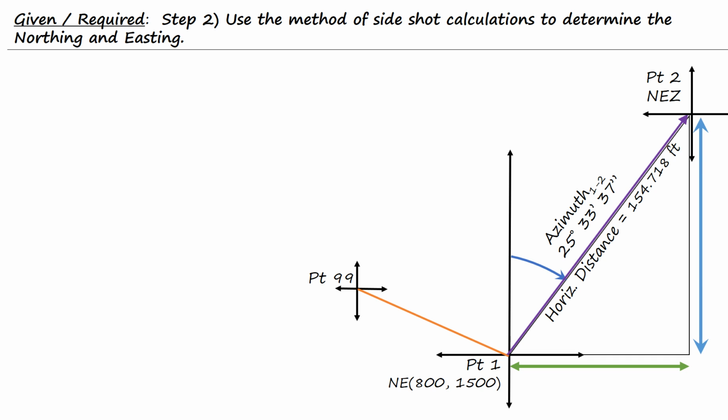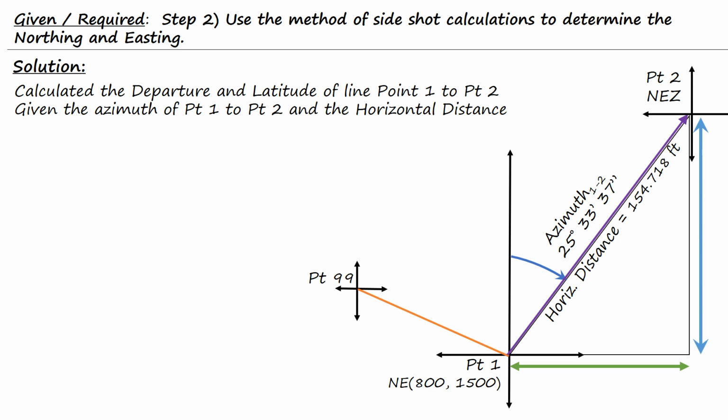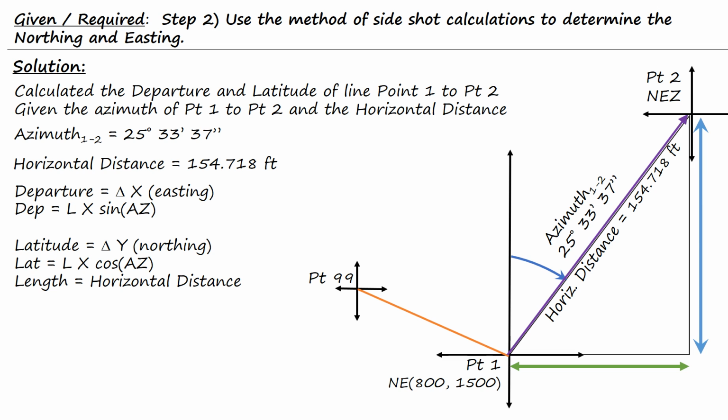So the last part of it is now that I've got my horizontal distance and my azimuth, I can use the equations for departure and latitude. Departure is the length, which is our horizontal distance, times the sine of azimuth. And the latitude is the horizontal length times the cosine of the azimuth. So departure is equal to 66.75.